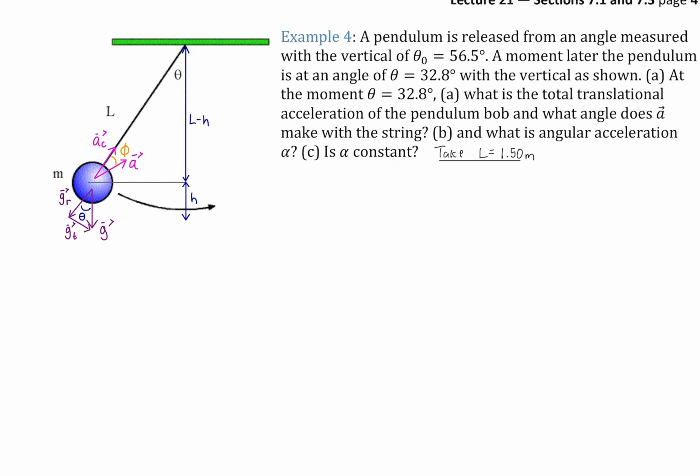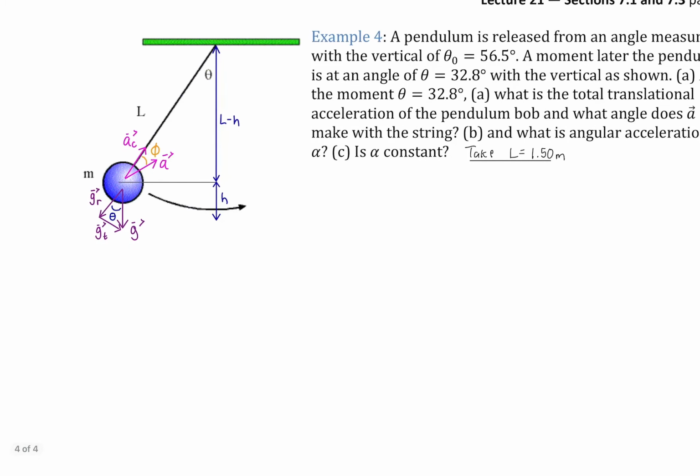So to deal with the energy conservation as our first step, we have to do a very common bit of geometry that you'll do with many, many pendulums, which is consider that cosine theta is (L minus h) over L. Well, that would be this right triangle here. So if I think of cosine of theta, that would be adjacent over hypotenuse, so (L minus h) over L. How do I know that this is L minus h?